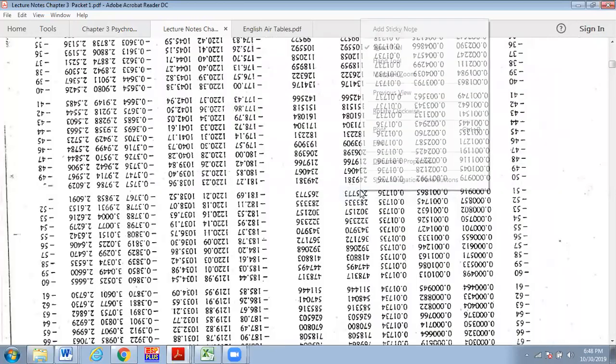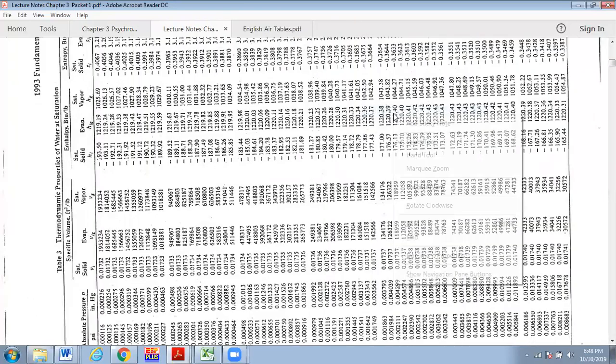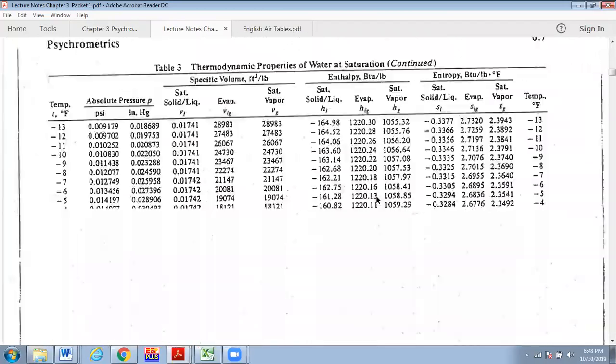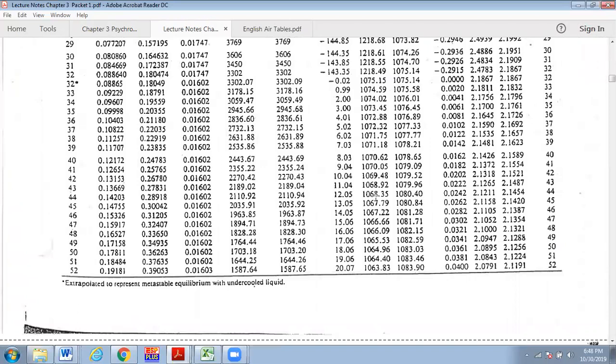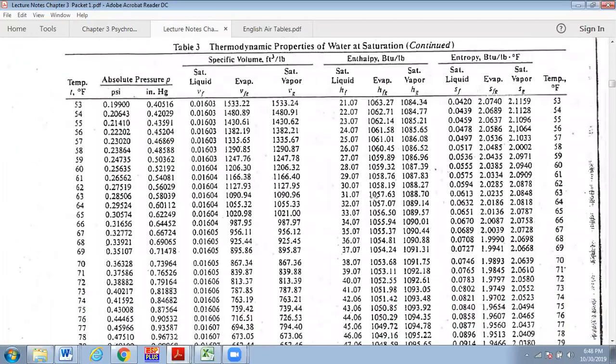All right, so we're at 60. I think the table he used in the book doesn't have quite this many digits, but there's your saturation pressure, 0.25635. So if that air is saturated at 60, that is the partial pressure of water vapor.